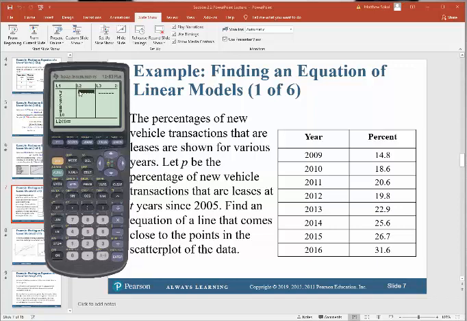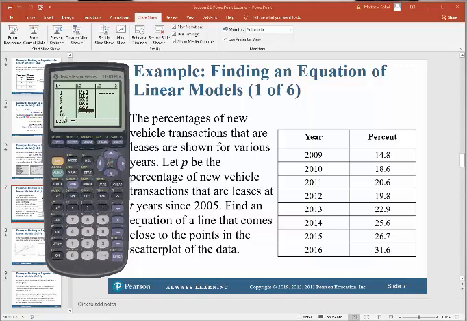So then over in L2, that's always going to be your dependent variable, or in this case, the percentage P. So I'm going to put in 14.8, 18.6, 20.6, 19.6, 22.9. Notice I'm just going down the table.